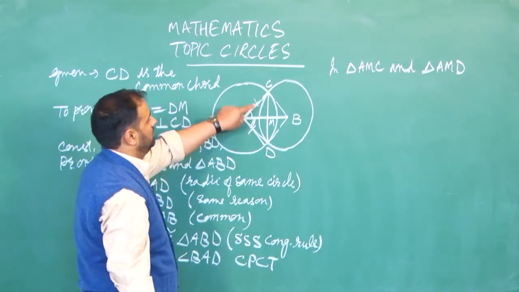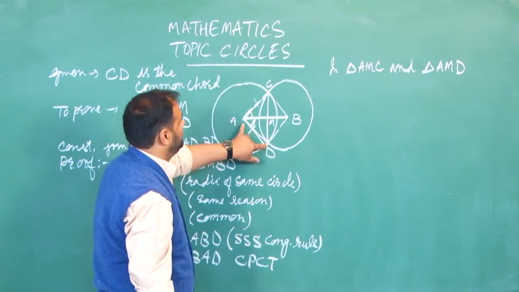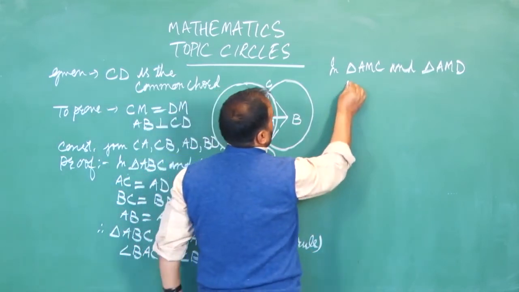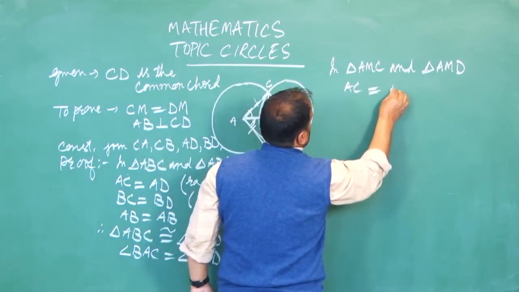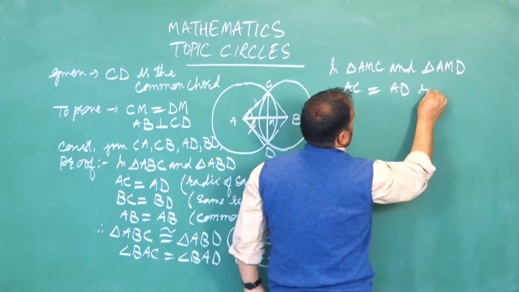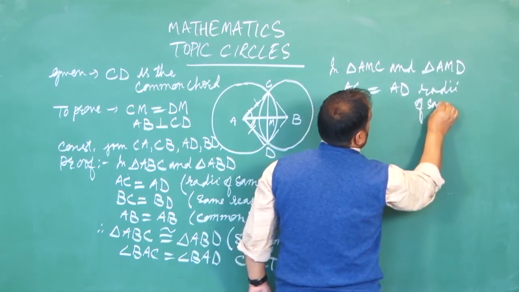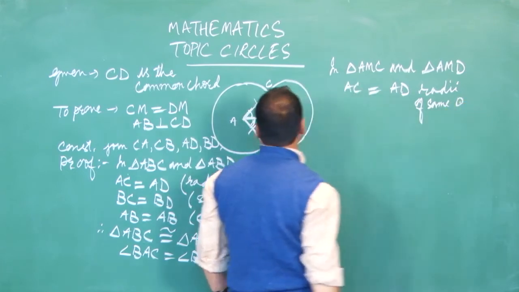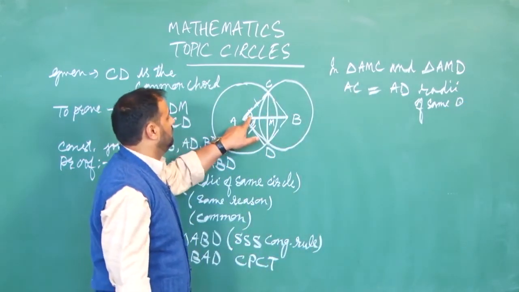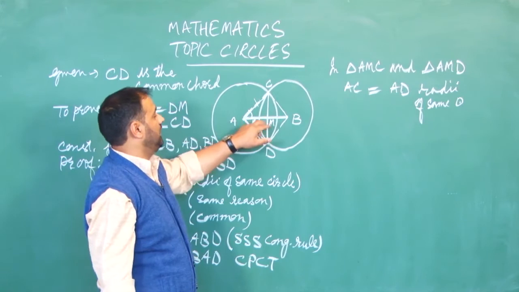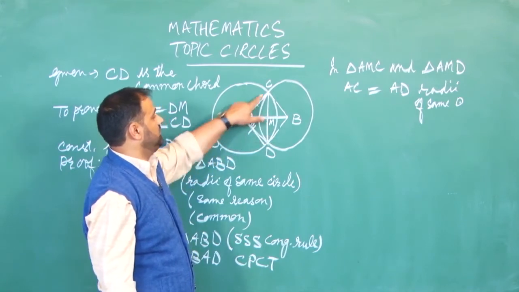Again, side AC will be equal to side AD. The reason is radii of same circle. Then this angle BAC can be written as angle MAC.